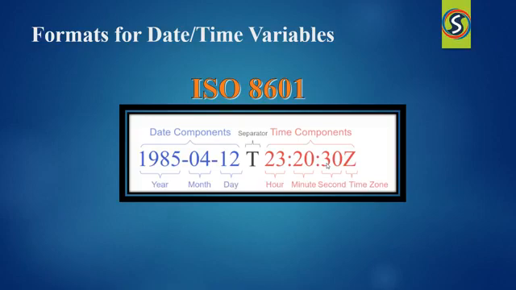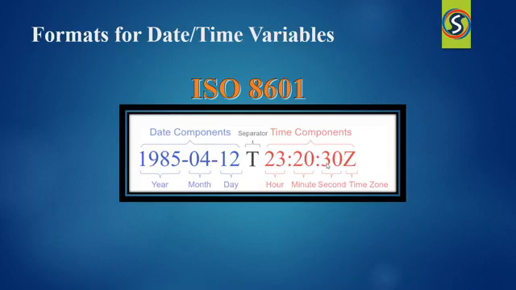Next we have solidus, to separate components in the representation of date or time intervals. P designates the duration, so it precedes the components that represent the duration. Spaces are not allowed in any ISO 8601 representation.